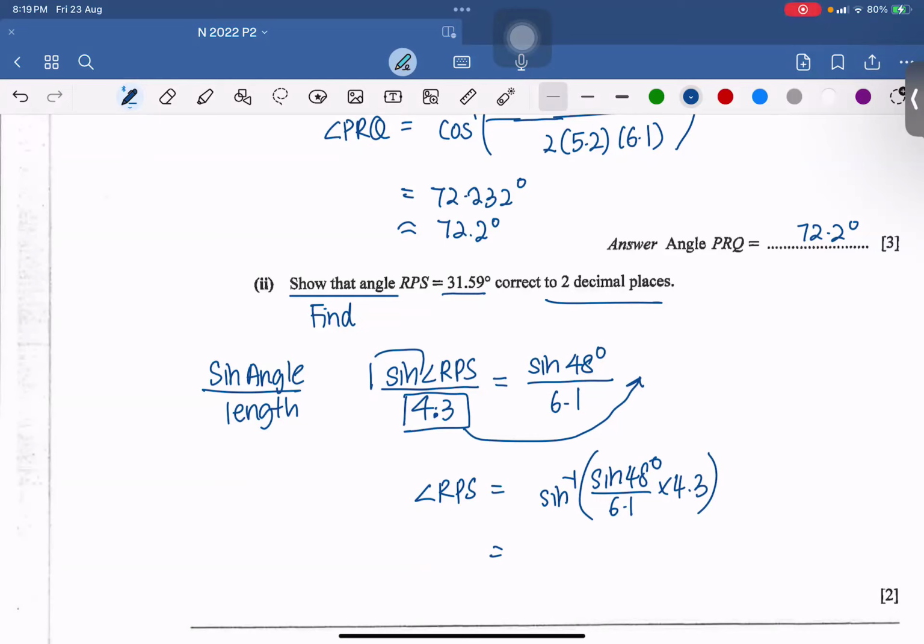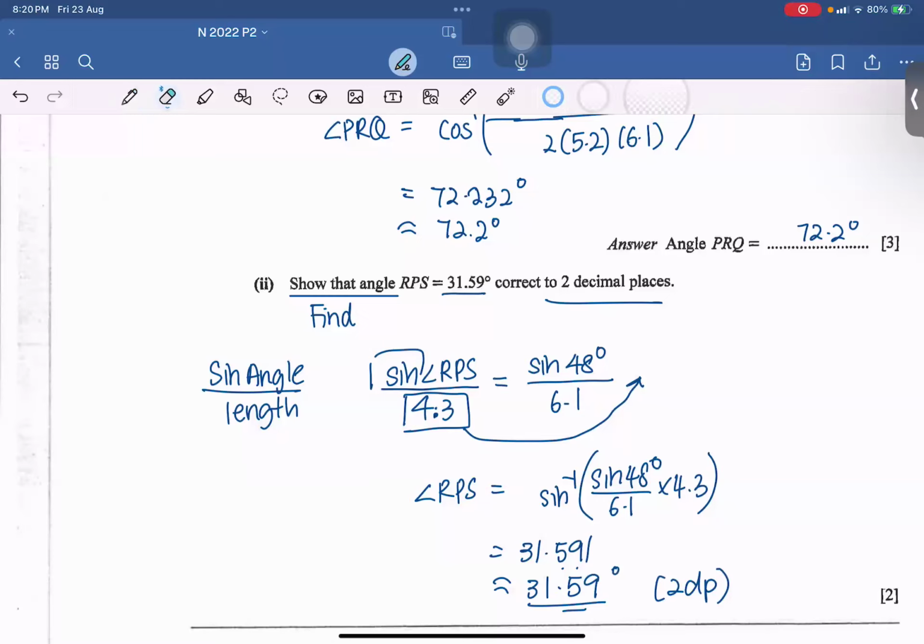Okay, then I got my answer 31.591. To 2 dp, rounding, 31.59. Okay.